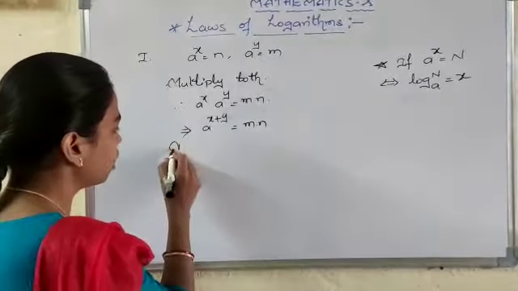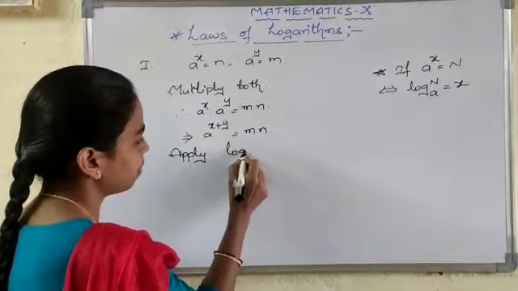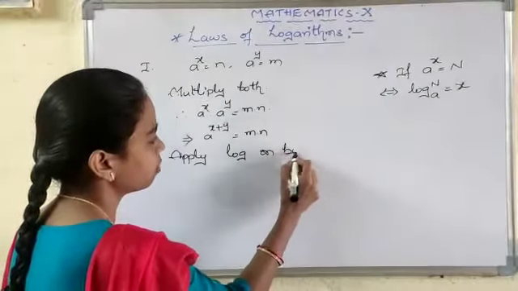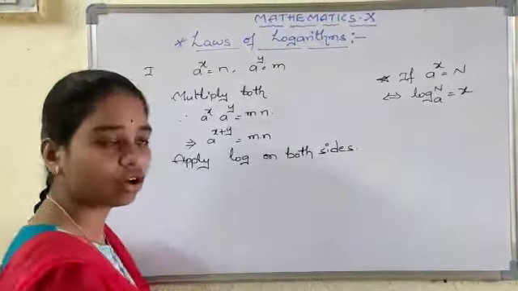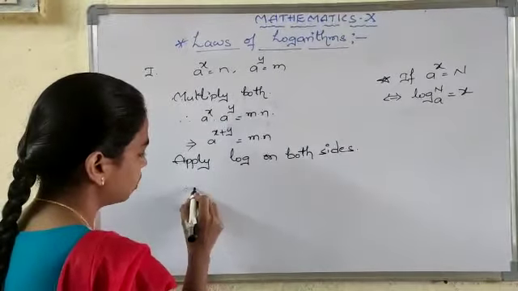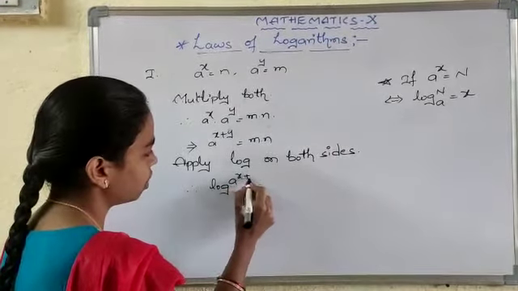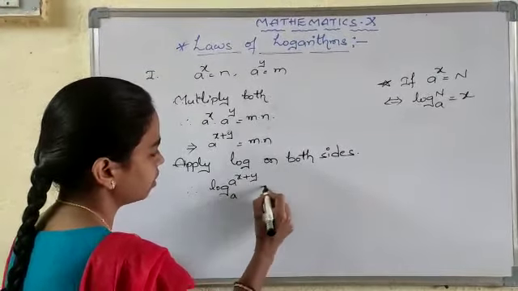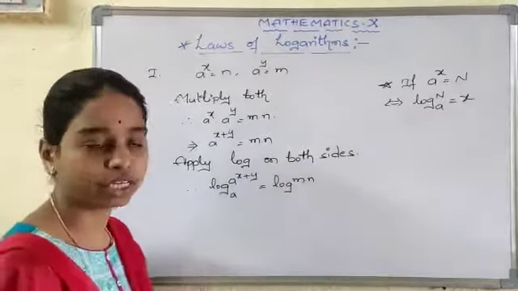Now apply log on both sides. So log a power of x plus y is equal to log m into n.